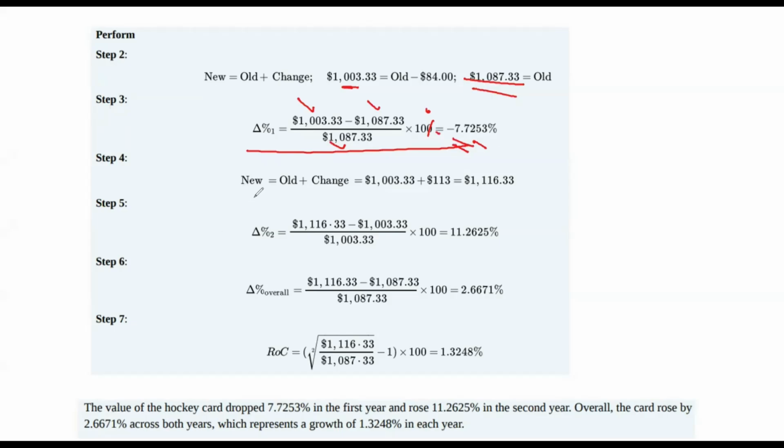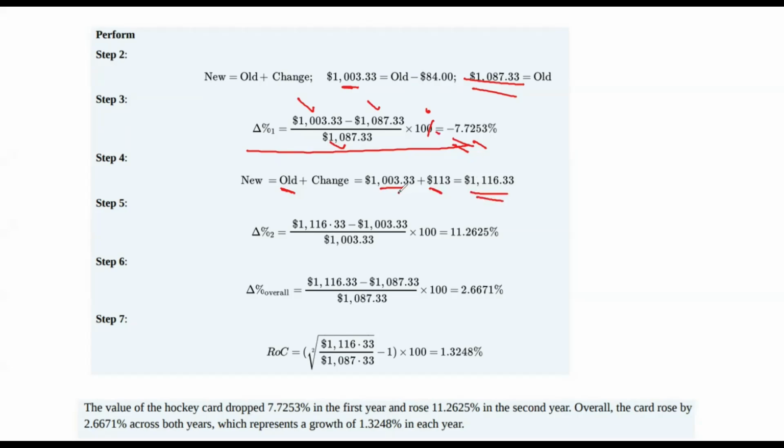But then in the next year, we got the old, well, that's the 1,087. Sorry, not 1,087, 1,003. And it increased by 113, right? So in the second year, the price is going to be that.